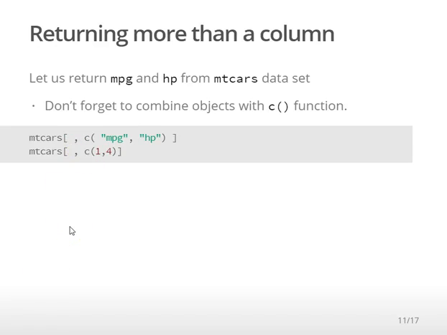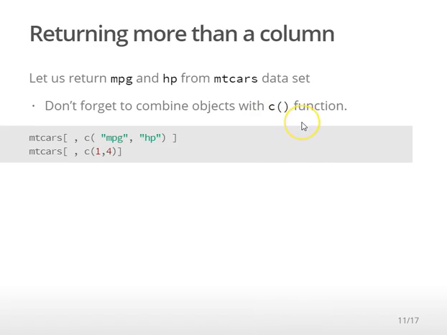We can also return more than just one column at the same time. However, please consider when we want to return more than one object, we have to use the combination. We have to use the c function for combining different objects.